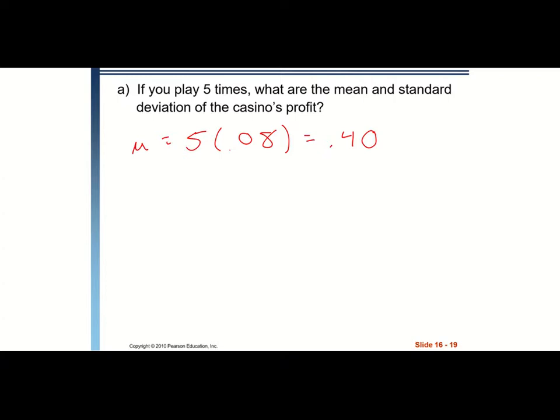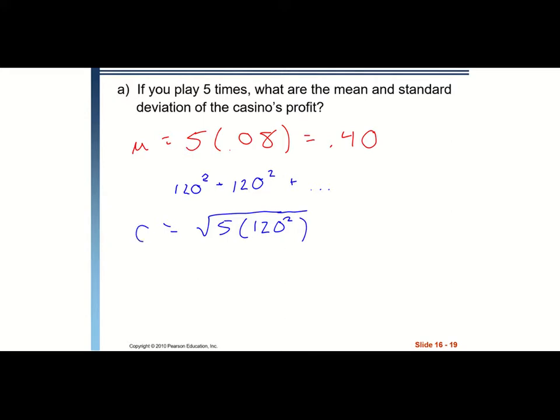For the standard deviation, we have to add the variances of all 5 spins. The variance for one spin is that $120 standard deviation squared. And then we have 5 spins. So it's 120 squared plus 120 squared plus 120 squared plus 120 squared plus 120 squared. Really we can just write this as 5 times 120 squared. Make sure you square the 120 first, then multiply it by 5.